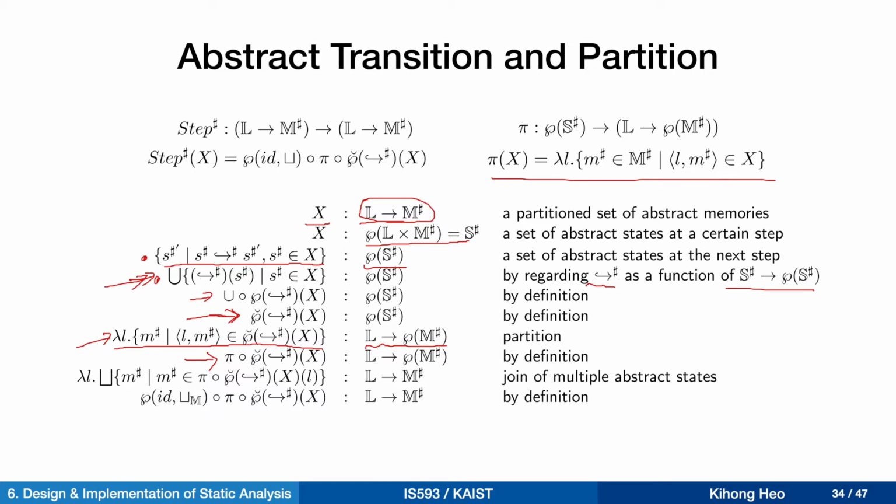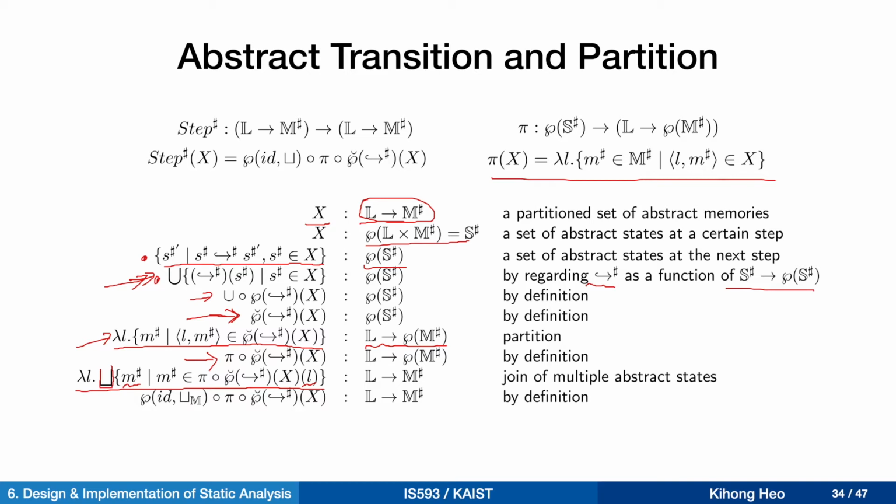Then after partitioning, what do we want to do? We will have multiple abstract memories for each label, right? But we ultimately want to merge them by join and make a single abstract state per label. So this expression represents this one. So we join multiple abstract memories for each label.